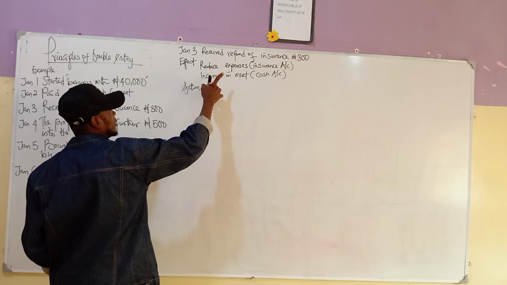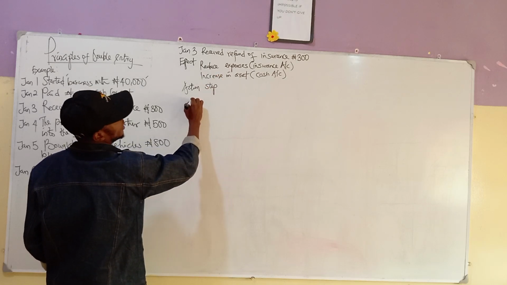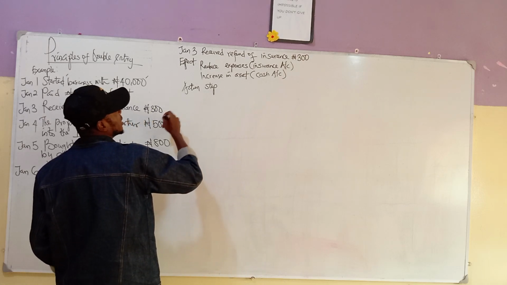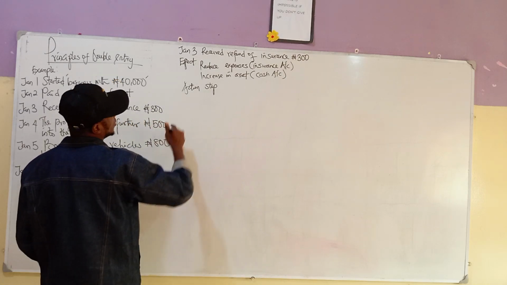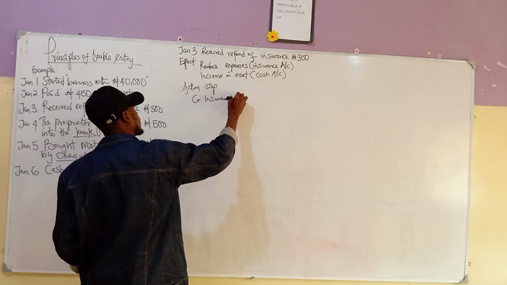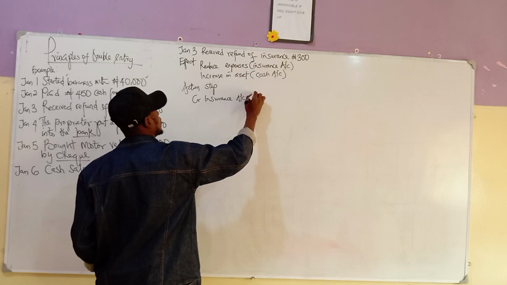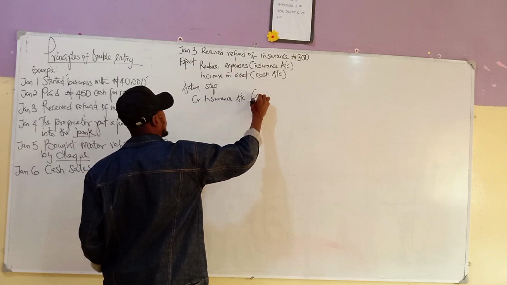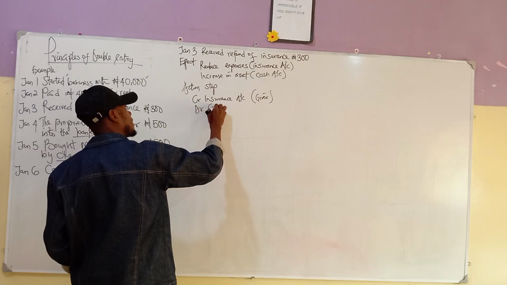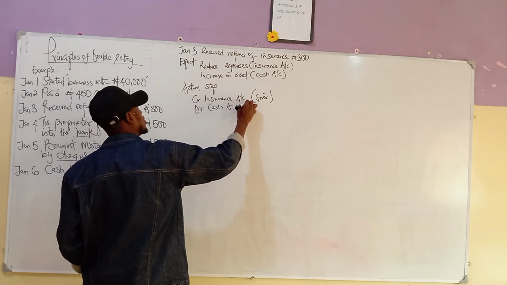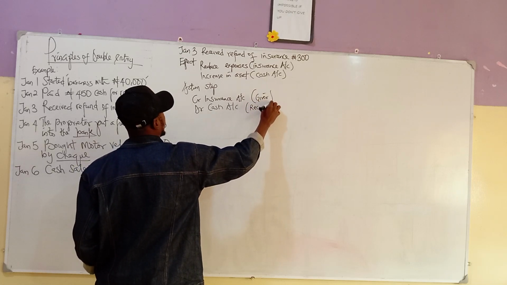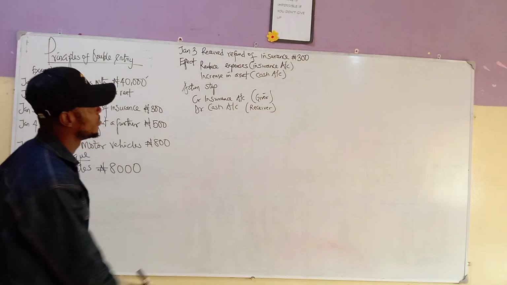The first one, insurance. Because the insurance is the one giving out, we credit the insurance account, which is the giver. And we debit cash account, which is the receiver.